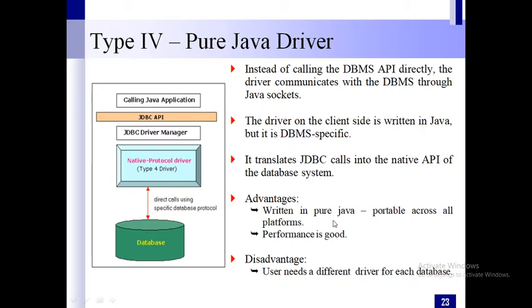Now since it is written in pure Java, it is portable, and also the performance will be good because of direct contact. Directly interact with the database. That's why performance is good.